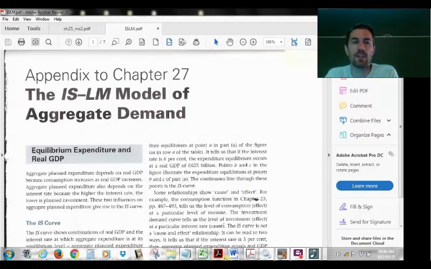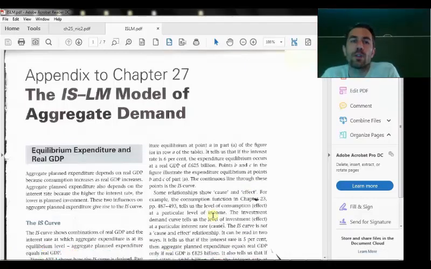I do apologize. Anyway, today we are doing what in a previous version of this textbook was essentially the appendix to chapter 27. It's the ISLM model, so you've been given the scanned handout from this portion of the chapter.